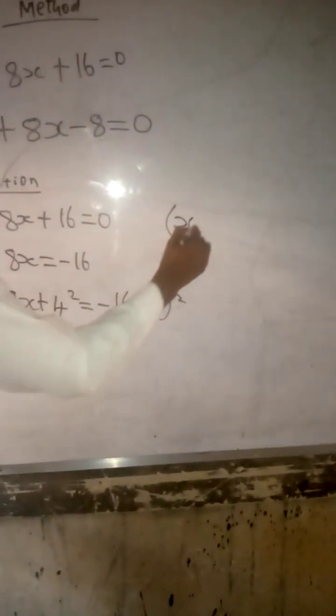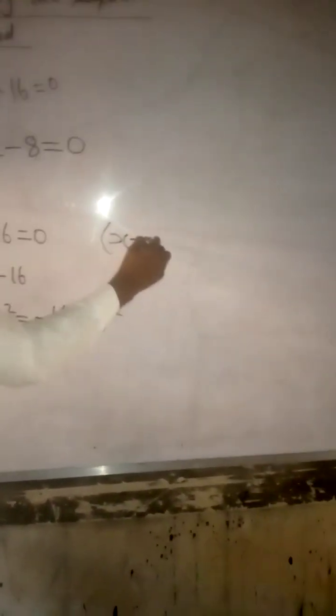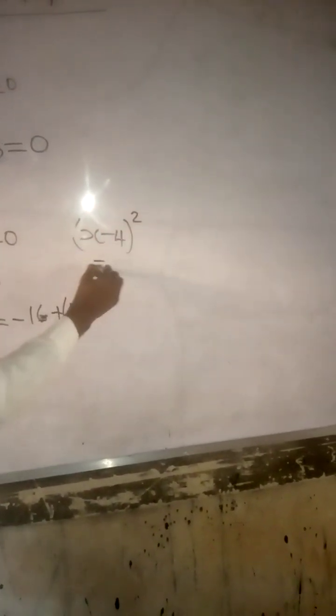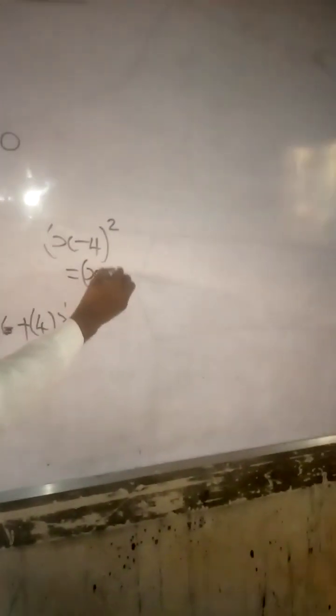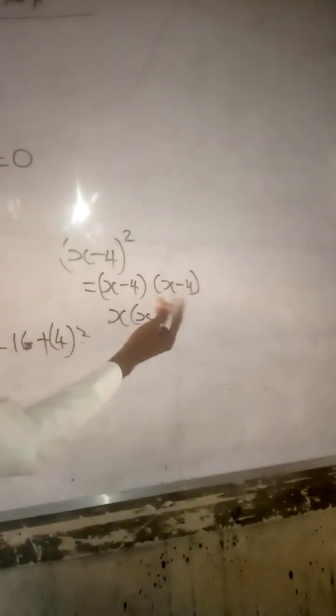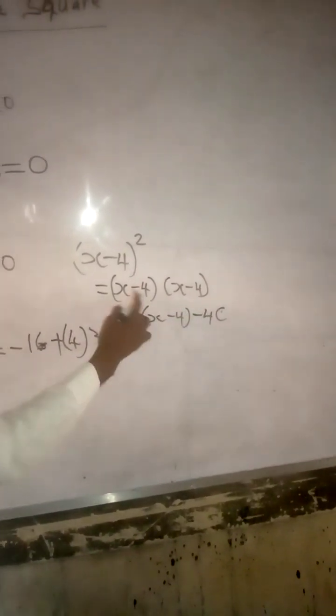x minus 4 squared is equal to x minus 4 times x minus 4. So we have x minus 4, and outside we have x minus 4.